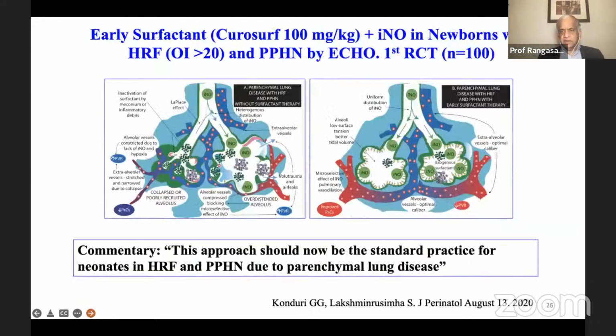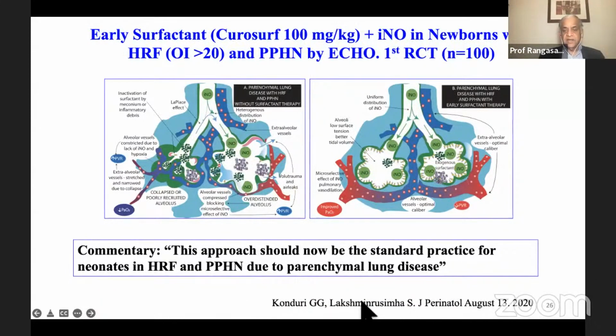What about surfactant? In a baby with meconium aspiration syndrome, if you give nitric oxide with alveolar atelectasis, you're not going to deliver the nitric oxide to collapsed alveoli. If you want to optimize ventilation perfusion mismatch, you need to recruit the alveoli by giving surfactant. This is the first randomized controlled trial, from Chile, published in the Journal of Perinatology.